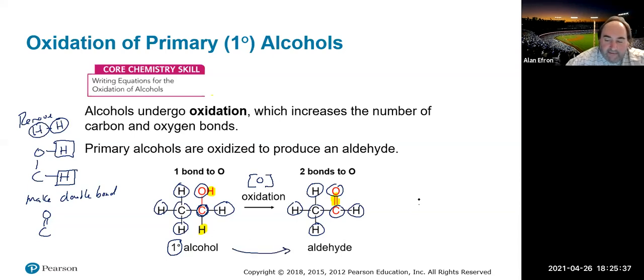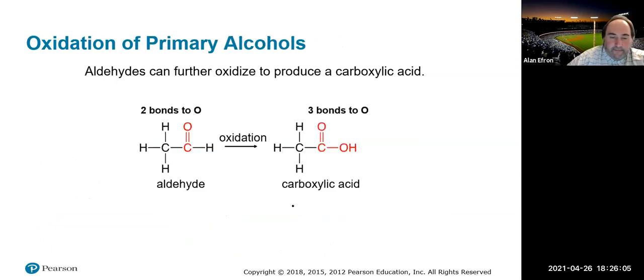An aldehyde has a functional group of carbon, oxygen double bond, and hydrogen. So the oxidation of a primary alcohol results in an aldehyde: hydrogen from the oxygen, hydrogen from the carbon attached to the oxygen, double bond the carbon and oxygen, and nothing else changes. Any questions on that reaction?